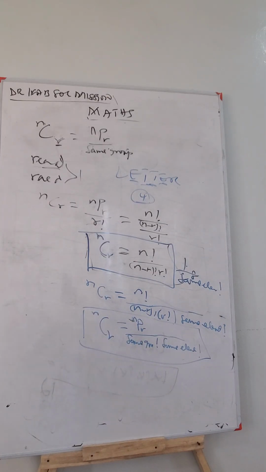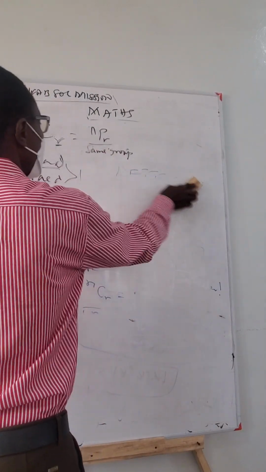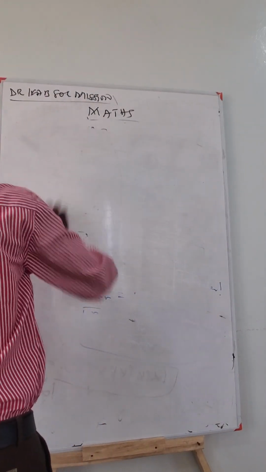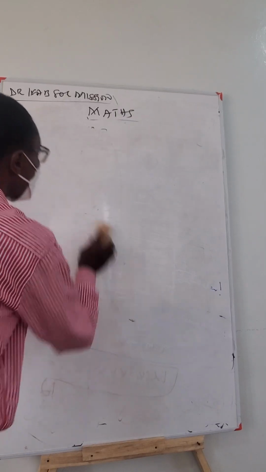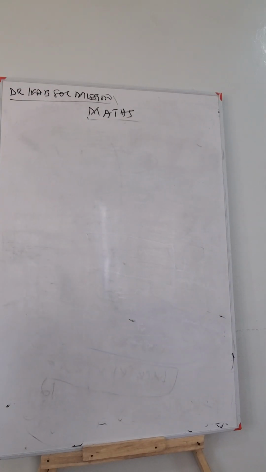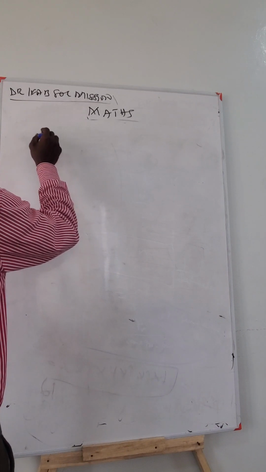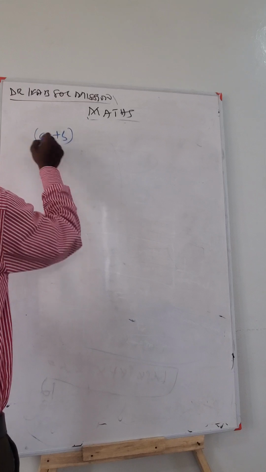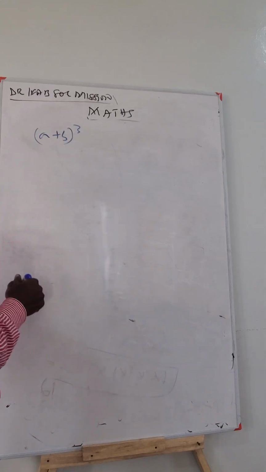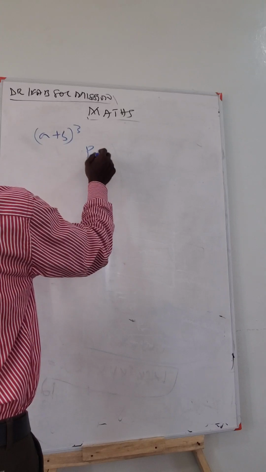Now, let's look beyond that. We can use combination to do some expansions. If we have (a + b) to the power 3, we can do some expansions. If you want to get the coefficients, we have what we call the Pascal triangle.